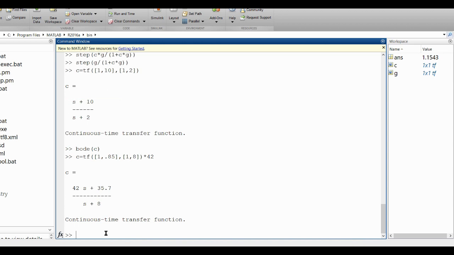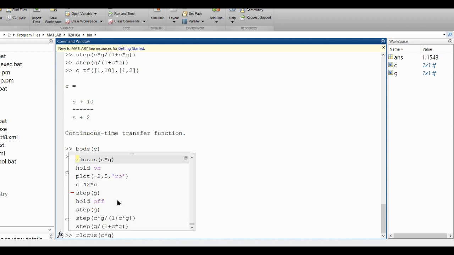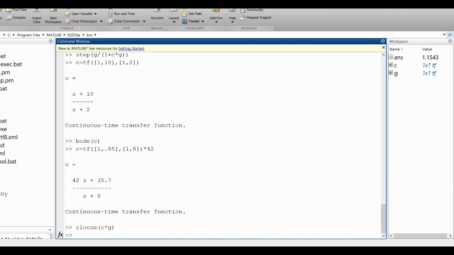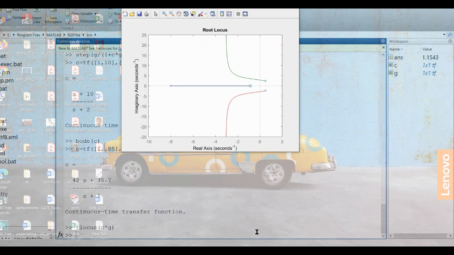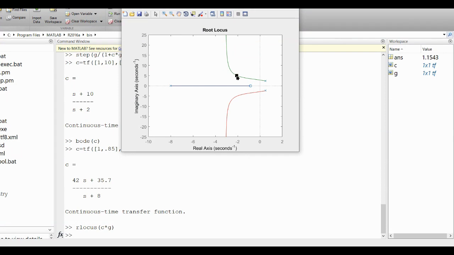Because I have multiplied by 42, for a gain of 1 it should be about minus 2 plus 5i, which you can see that it is.